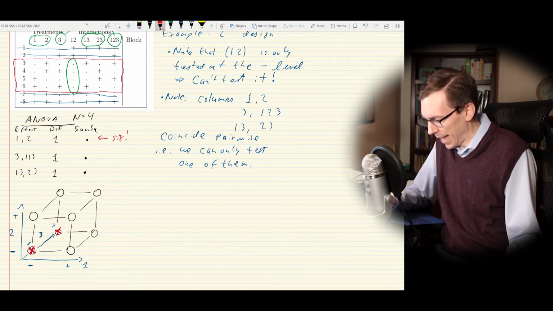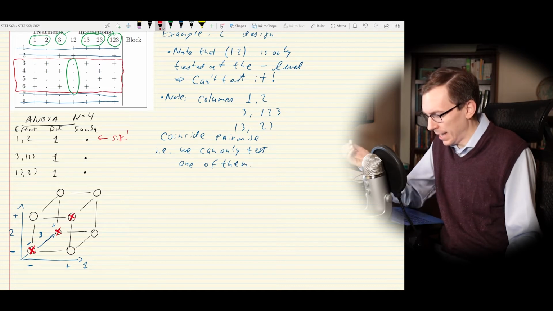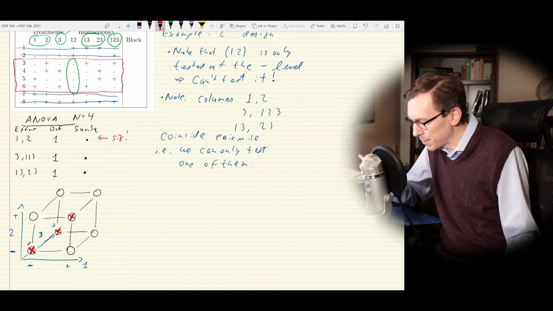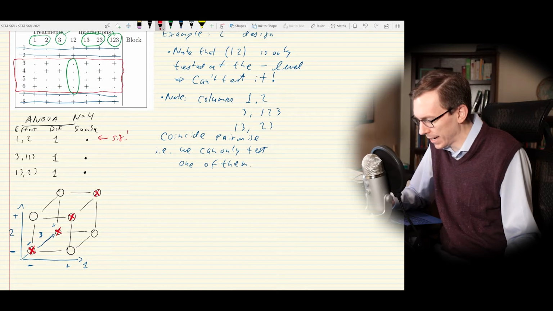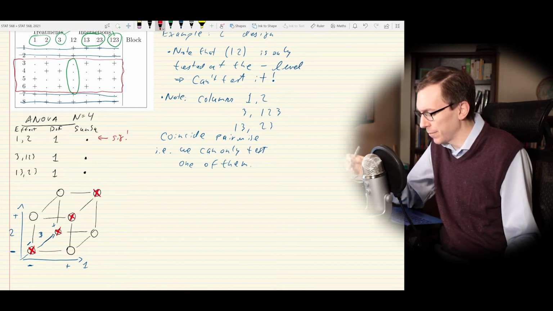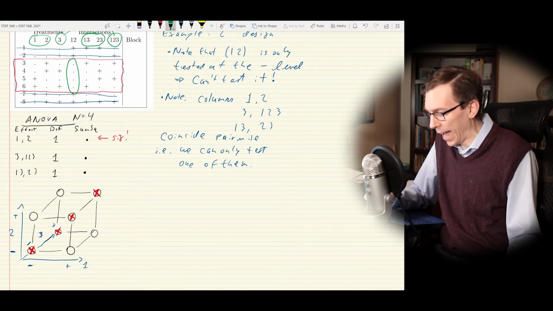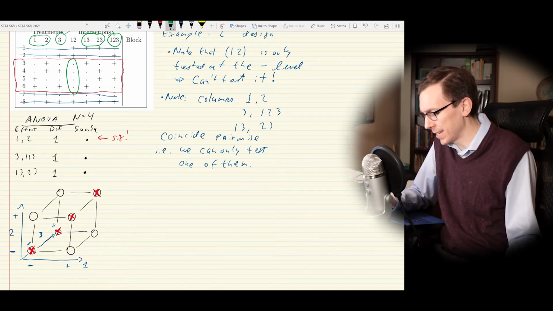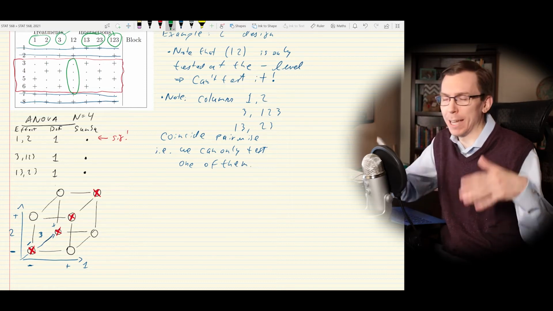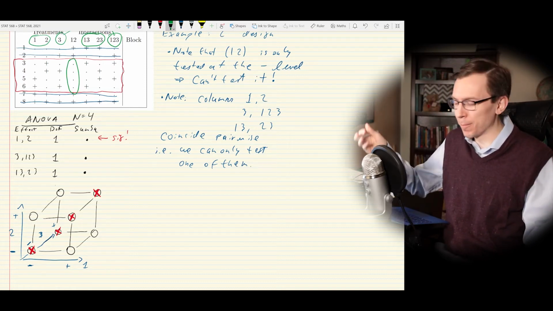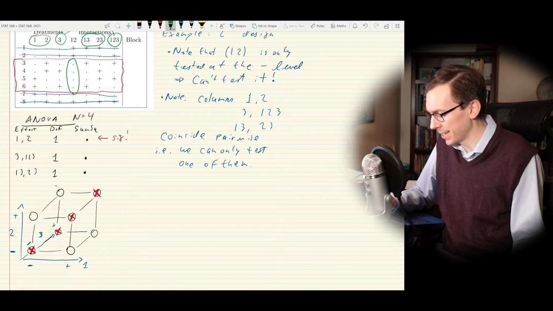So we no longer have this vertex. And I'm deleting the plus, plus, plus point, which would be the far back vertex. So the point is that when I do a fractional design, I'm deleting half of the vertices of my cube, or hypercube if I have 4 or more factors to consider, and I'm keeping the other 4.